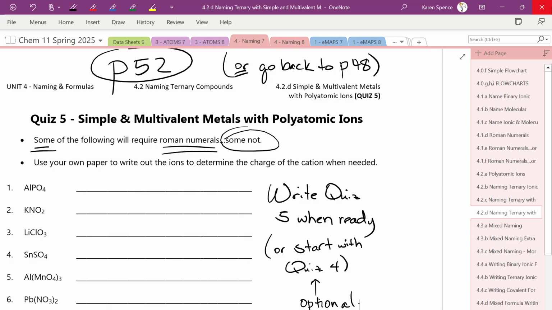You see that ate ending? That means it's a polyatomic ion. So you say SO4, you look it up, it's got a 2- charge, and you can crossover. So SO4.